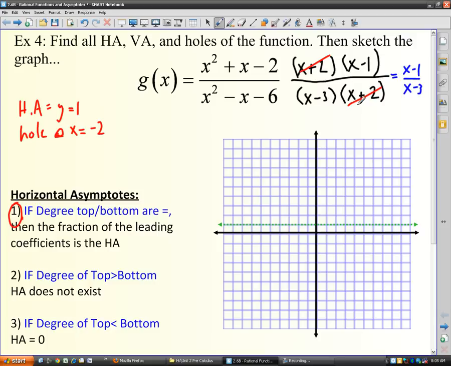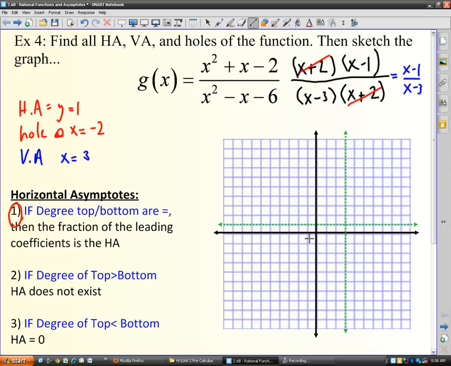To get my vertical asymptote, if I set the bottom equal to 0, I find out that x equals 3. So I have a vertical asymptote at x equals 3, and I can draw a line here for my vertical asymptote. Then I'm going to have a hole in the graph at x equals negative 2. That's what we found, so somewhere over here.